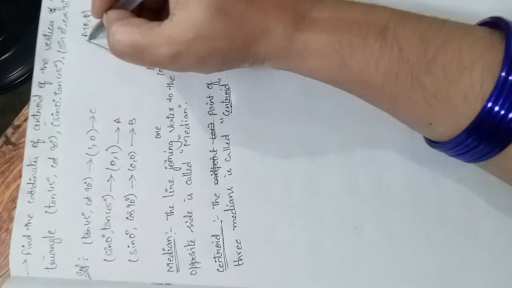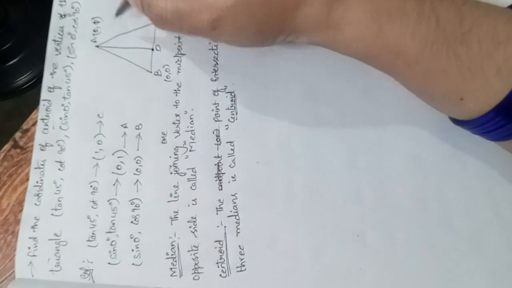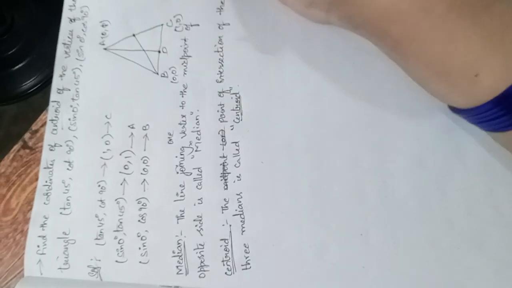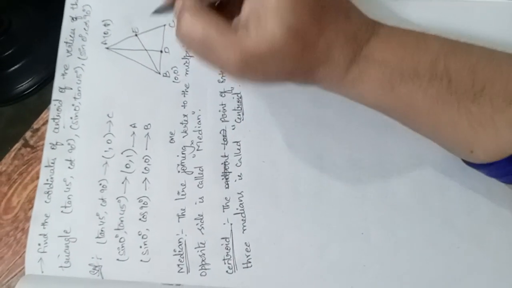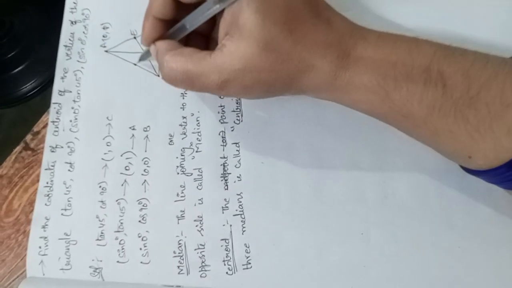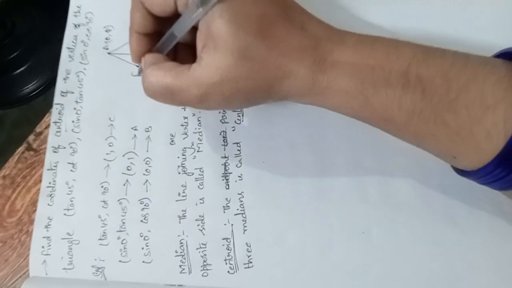If we draw it, you can understand it easily. From A to the midpoint of BC, from B to the midpoint of AC, this is E, and from C to the midpoint of AB, this is F.